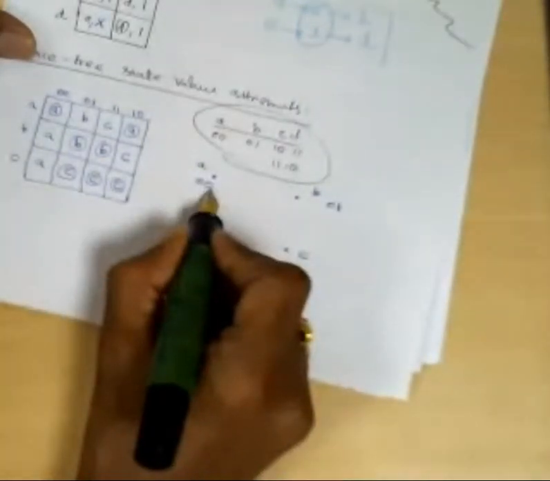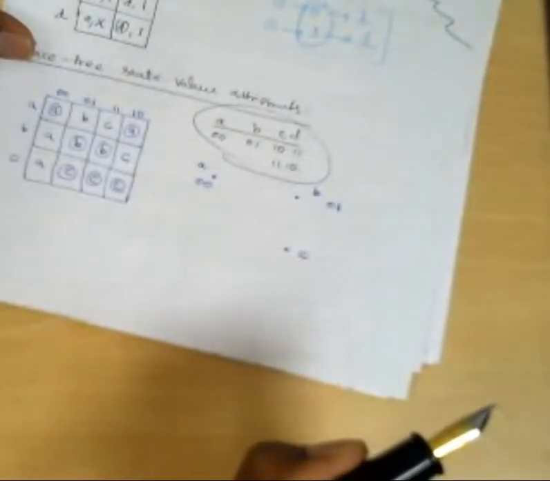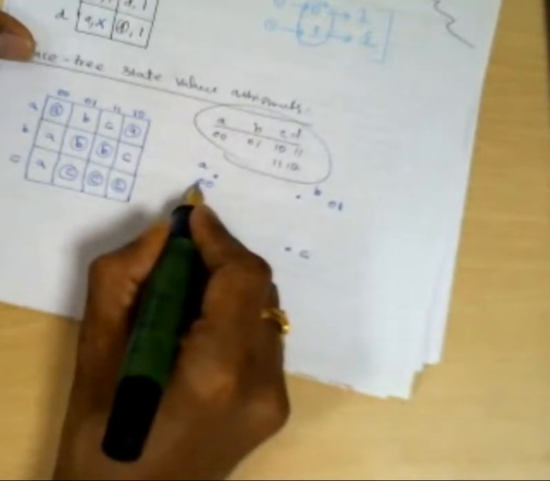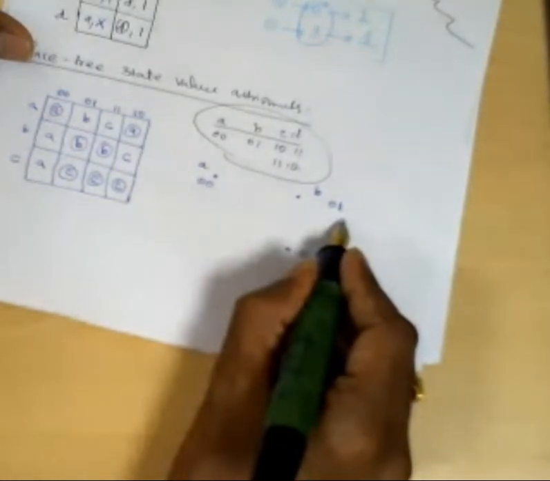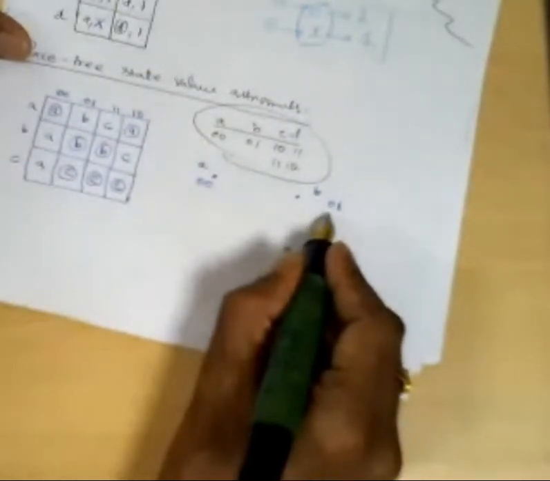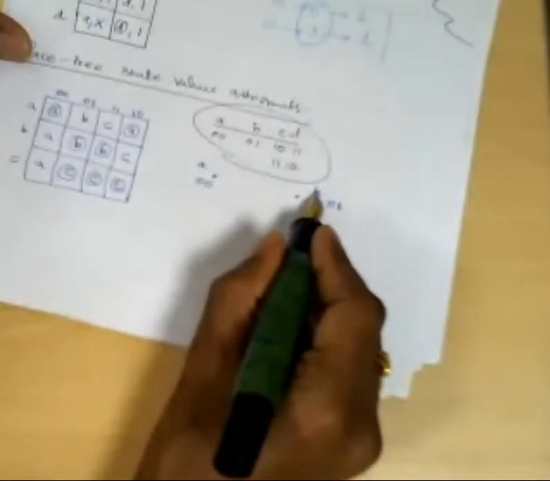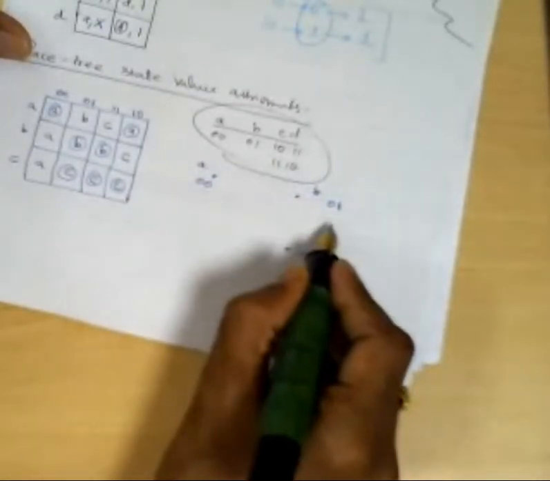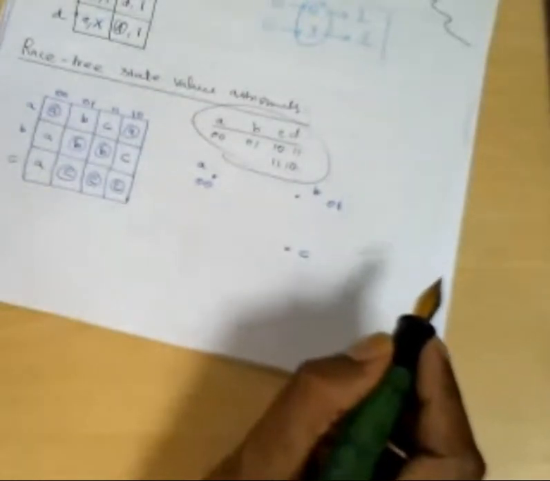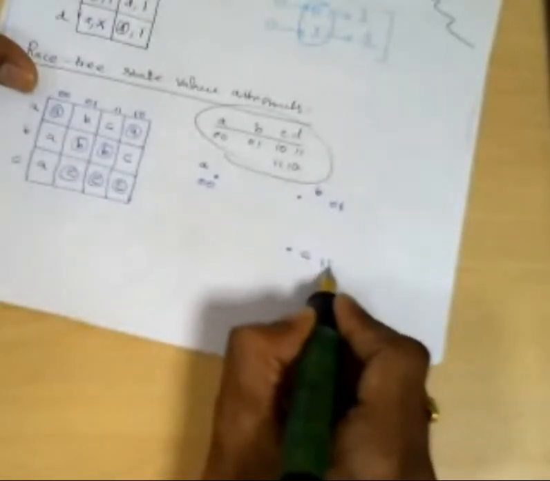So 0 0 to 0 1, only one variable changes. That means this is one flip-flop, this is another flip-flop. So we are making only one flip-flop transfer, retaining the other flip-flop state as the same, correct? So 0 0 is assigned to A, 0 1 is assigned to B. That means the adjacent value will be changed; adjacent means only one bit will be changed. In order to meet that condition, for this one also, I'm assigning 1 1 here.